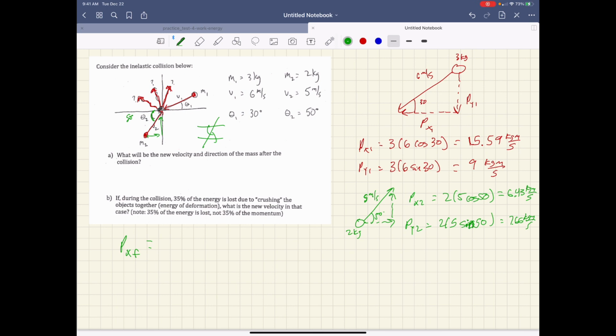Here, I know that m1 has a negative momentum in the x direction, so if I didn't put it on before, I better put it on now. When you're adding your net momenta, the direction matters. So we're going to have negative 15.59, and m2 is going to be positive, so plus 6.43. That is 6.43 minus 15.59, a negative 9.16.